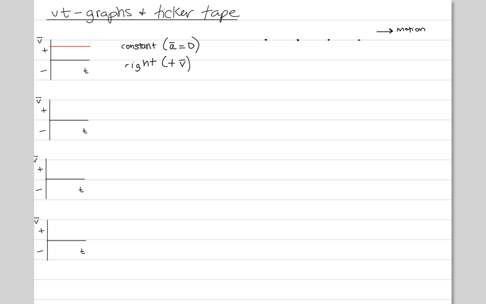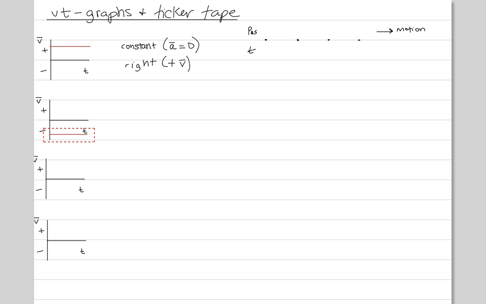So every 0.1 of a second, this is position and time. We drew a few of these yesterday, and I'm not going to draw it every time, but the ticker tape shows position and time.